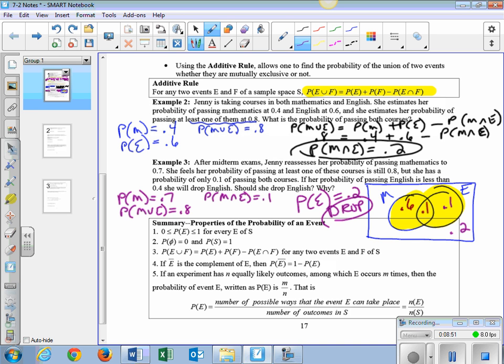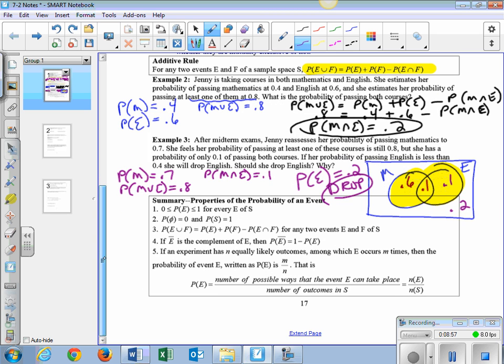Okay, so you have a choice of doing your probabilities. You can use your additive rule or you can use your Venn diagram. So that's still a possibility. Okay, I know we talked about probabilities in our last lesson, but this is just a nice little summary here in this box. So the probability of your events has to be between 0 and 1. For number 2, the probability of something not happening is 0, or of all the events is 1.